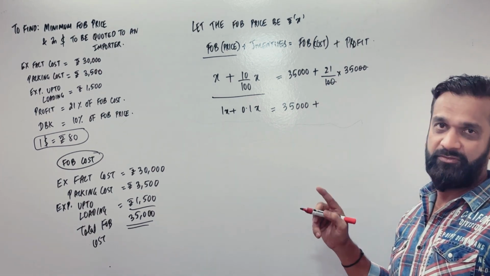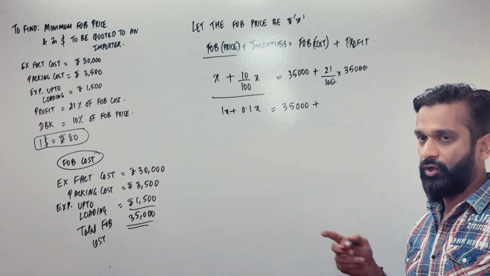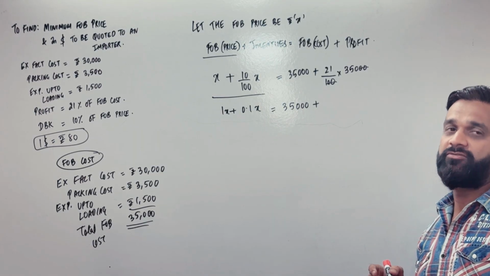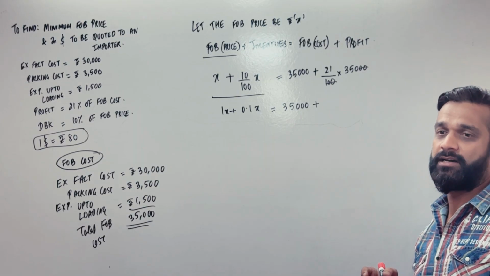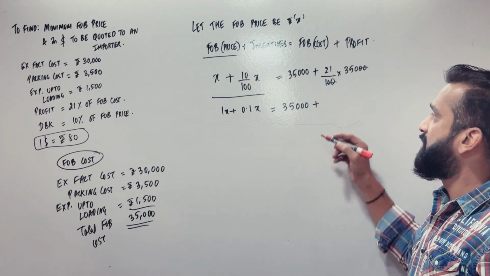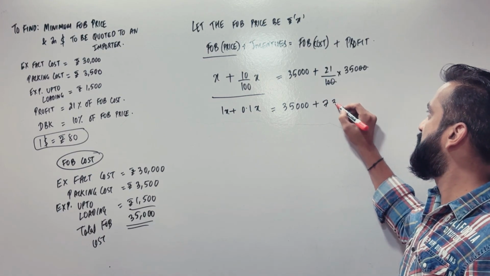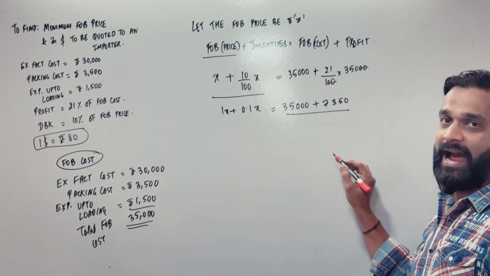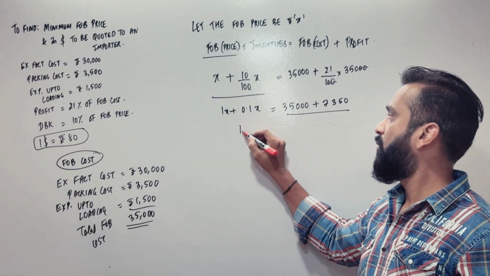You calculate 350 into 21. What is the answer? 7,350. Okay.